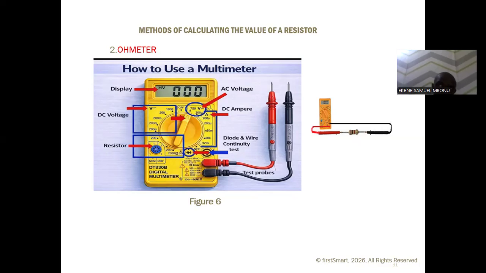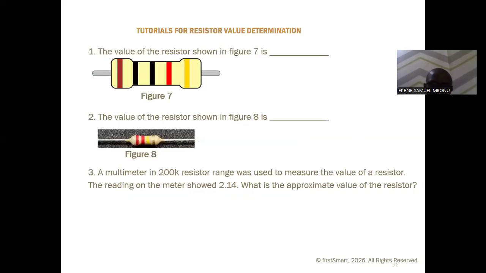The real value of that resistor will be 2.14K because you're in the range of K. So it's 2.14K, which is actually 2,140 ohms, approximate value, because a multimeter will not give you the exact value of the resistor, but it will give you a value that is within the tolerance range. And that is that. So when you get this slide, you attempt this tutorial. That is what will help you to internalize the lecture.